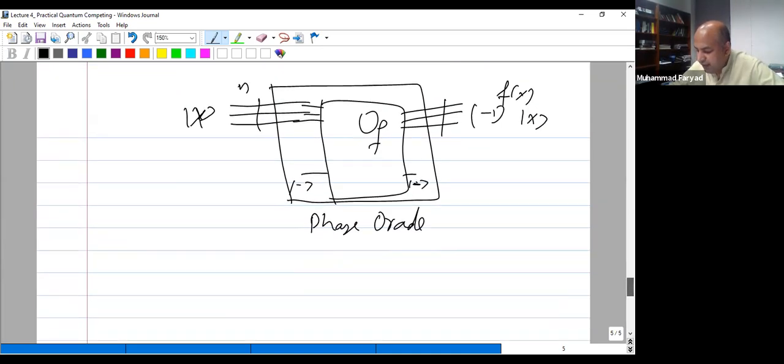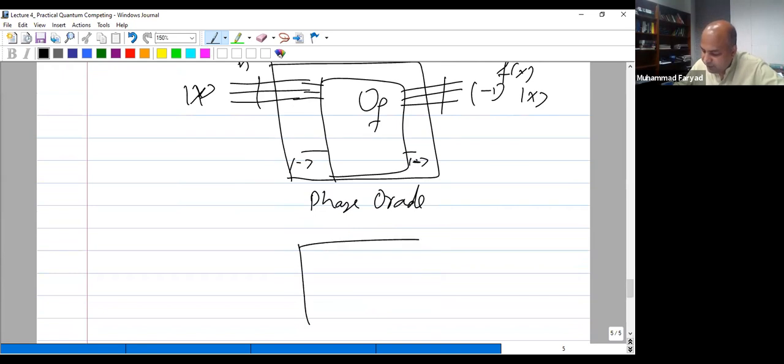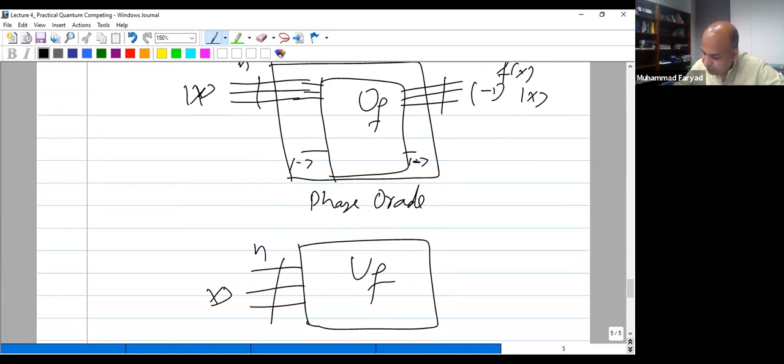So this bigger black box we can call U_f, and this now works like this. If you have n input x, at the output you get minus 1 power f of x times x. This one we call a phase oracle because it adds a phase to the input.